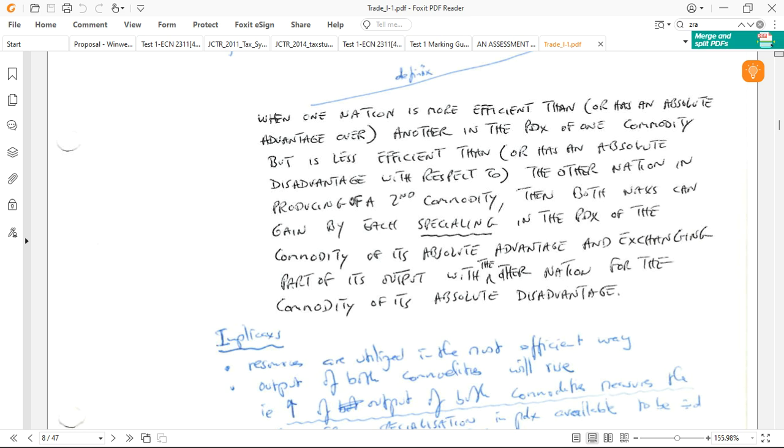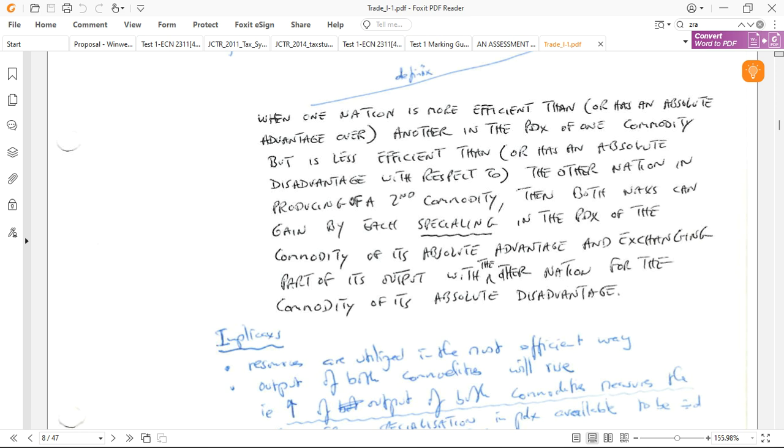So with absolute advantage, the central theme is efficiency. If you are more efficient than the other nation, then you have an absolute advantage. If you are more efficient in the production of one commodity, and less efficient in the production of the other commodity, then specialize in the commodity where you are more efficient.